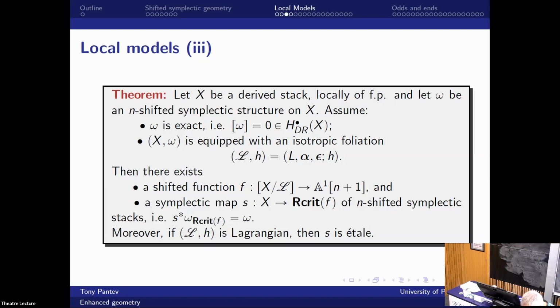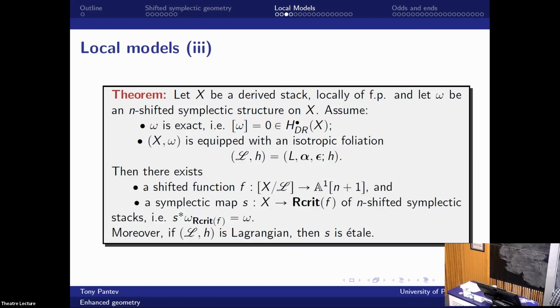You can look at the derived critical locus of that function with its natural shifted symplectic form. There is a natural map from X to that derived critical locus, which is just induced from the map from X to the quotient. And the claim is that if you pull back the shifted symplectic form on the derived critical locus, you get the original shifted symplectic form.